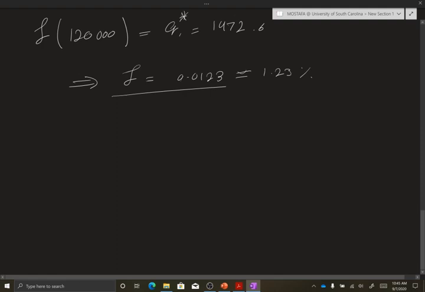And the last part, which is part D, is asking us to find the total pressure loss.